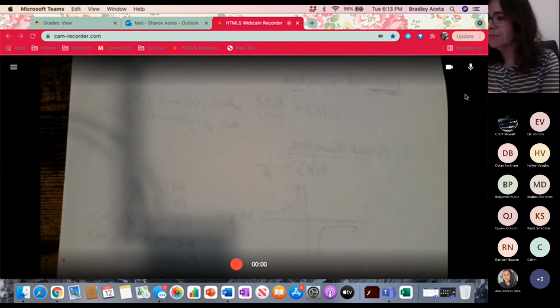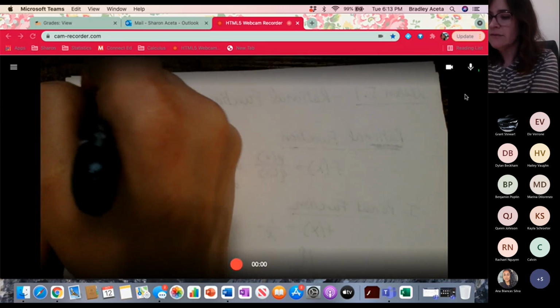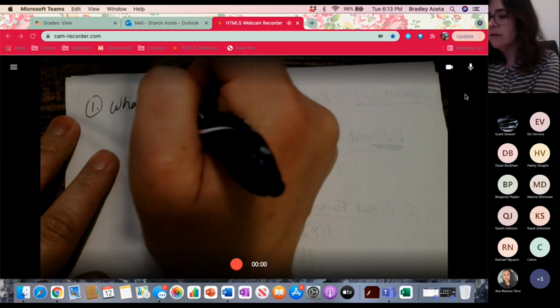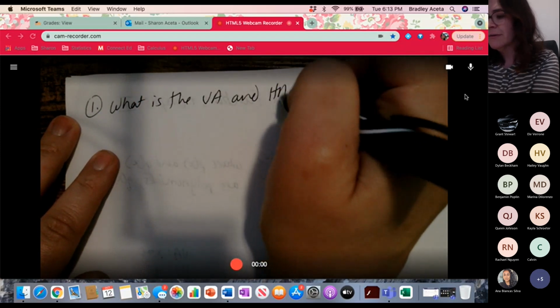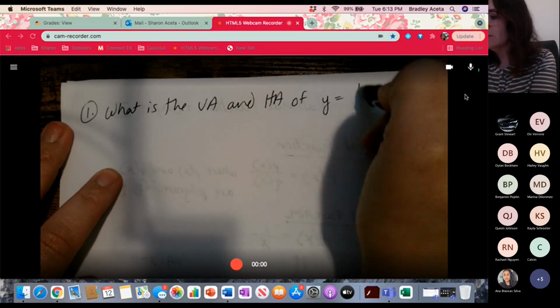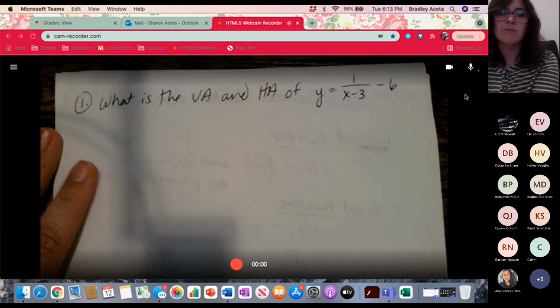Flip this over. This one says the following. What is the vertical asymptote and horizontal asymptote of y equals 1 over x minus 3 and then minus 6?